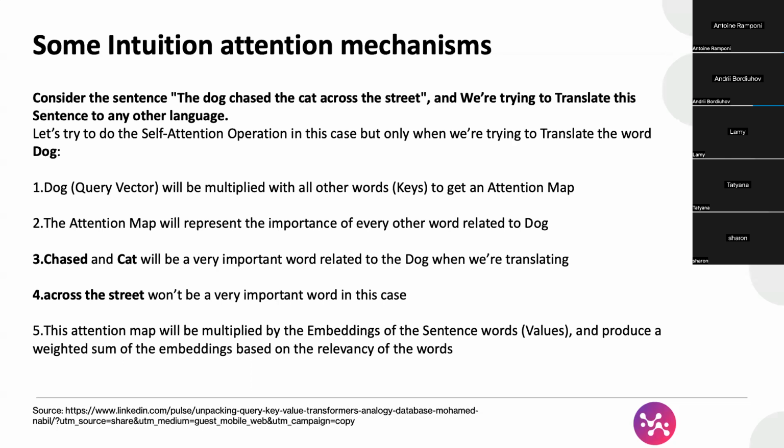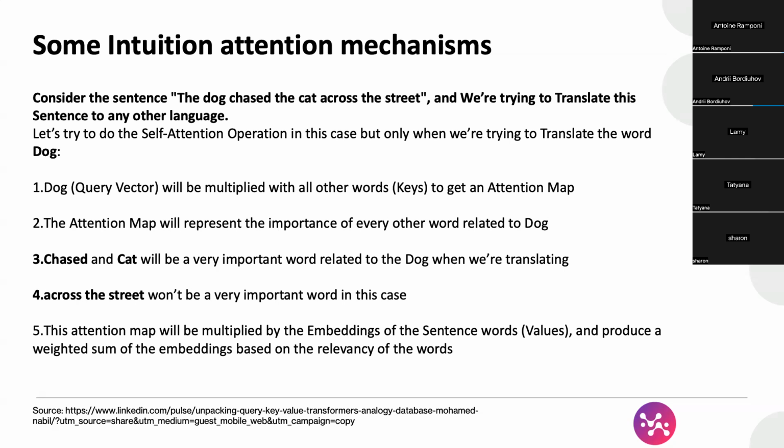So, okay. Let's take a concrete example of how it works. You have a sentence and you don't know which word needs to attend to which. So let's take dog, for example. Dog is the query vector. That's a convention. So we say, okay, let's look at how dog is attending to the other words of the sentence.